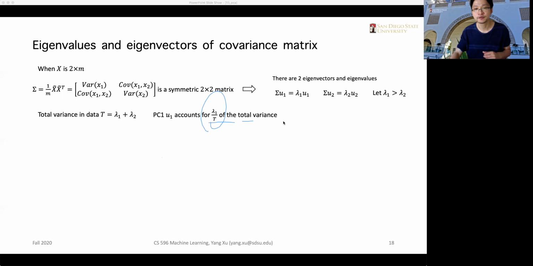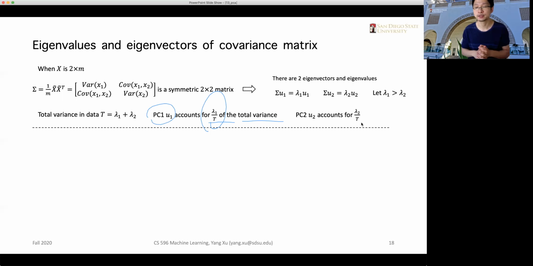That is the proportion of total variance that PC1 can account for. And PC2 accounts for the remaining variance. So it's a very simple linear relationship. Of course, that means the larger eigenvalue means that principal component is more important in terms of describing the amount of variance within the data set.